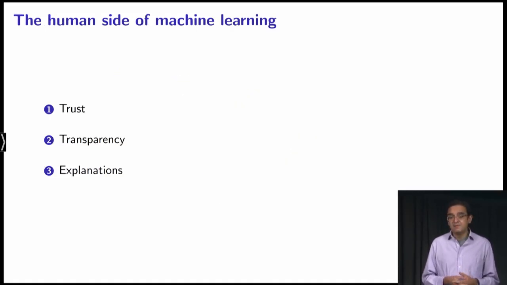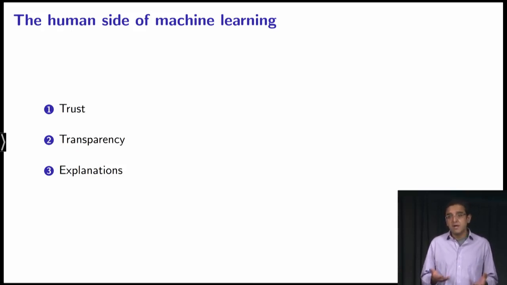A third aspect of machine learning that we really should have talked about is the human side of all this. So machine learning is playing a growing role in our lives. For instance, machine learning systems are constantly monitoring us through our emails and social media and purchases.